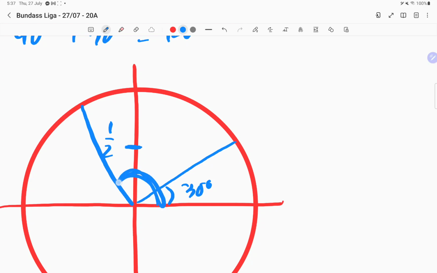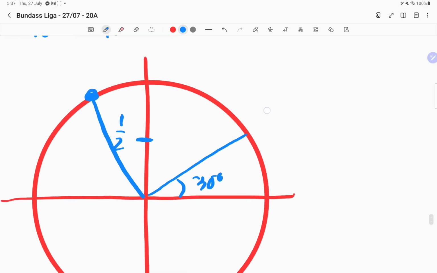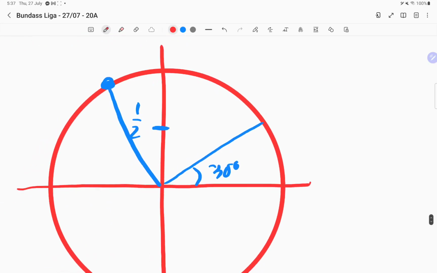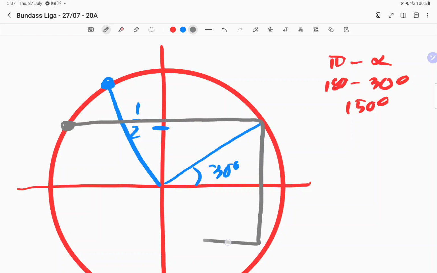It will be this angle here, so now it's represented by that point there. Note that when I do pi minus theta, which is 180 minus 30 degrees, it is 150 degrees. And 150 degrees is the symmetry angle, the angle that when you draw it, you kind of make a box like that.